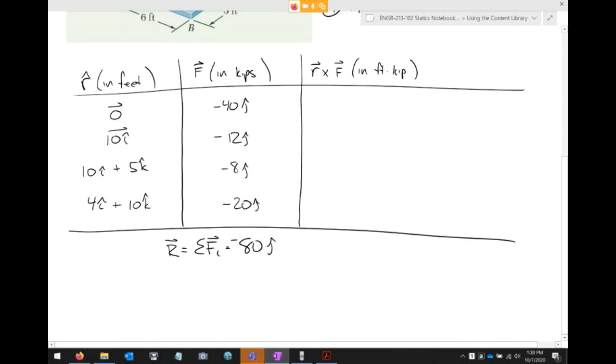Now, the first one was easy. The first one was 0. We knew that wasn't going to generate any moment. Now, for these others, you can handle it one of two ways.